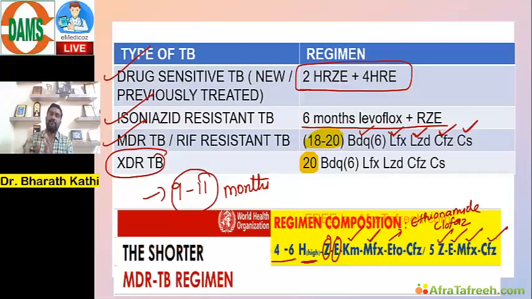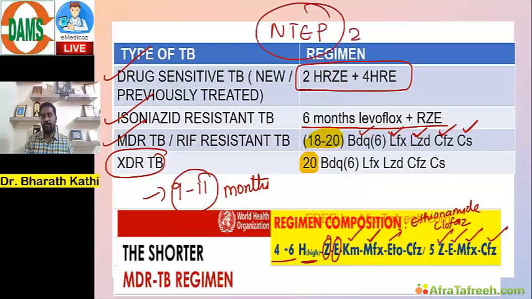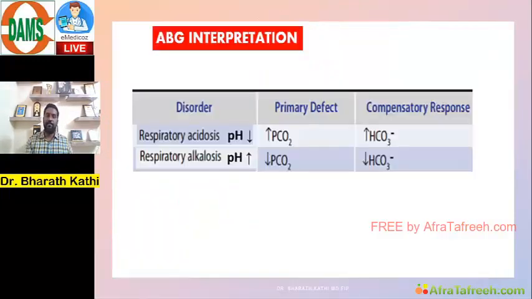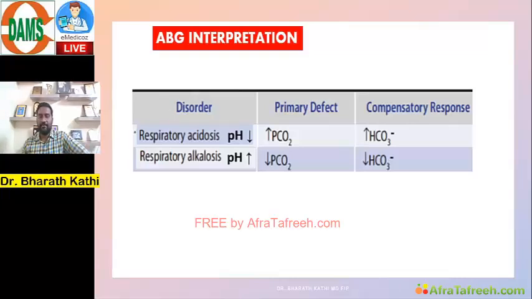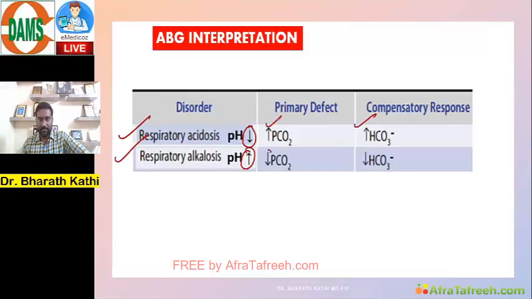So in a single slide, I have covered all the regimens of the National Tuberculosis Elimination Program 2020. Apart from this, whatever regimen you see, they are all old regimens. Then ABG interpretation: you should know how to identify whether it is respiratory acidosis or alkalosis. Here the change in pH with respect to parameters will be in opposite direction.